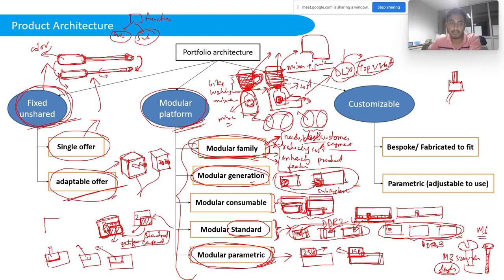For a computer, a RAM slot can be a standard, however a RAM itself can come with different values. You can have 1 GB RAM, 4 GB RAM, similarly hard disk. So designing a system capable of providing modules where the user has control over some parametric change is what we call modular parametric architecture. Clear? Yeah, yeah, clear.